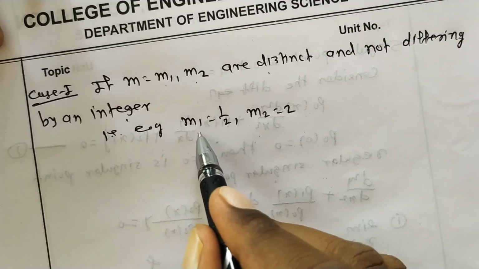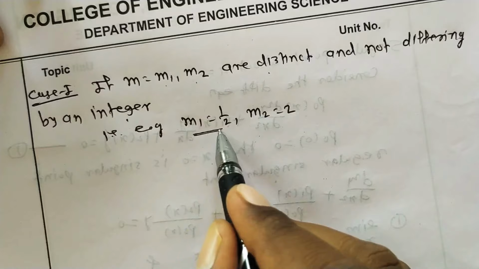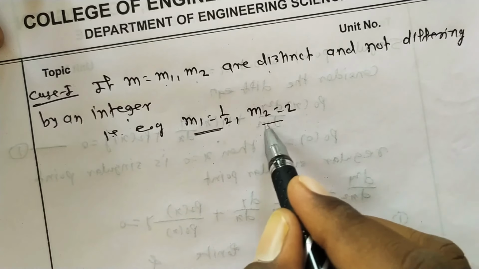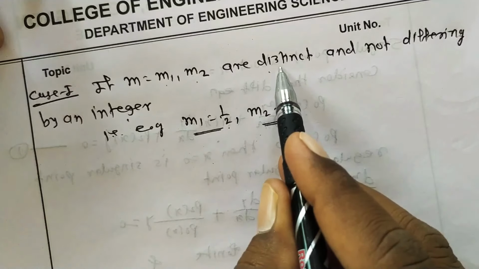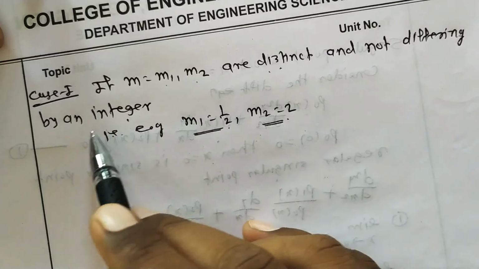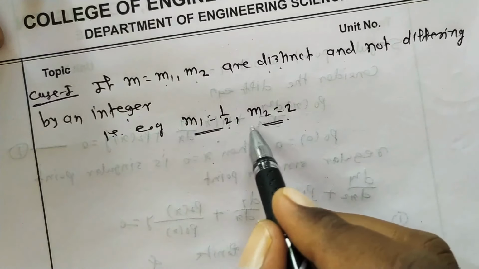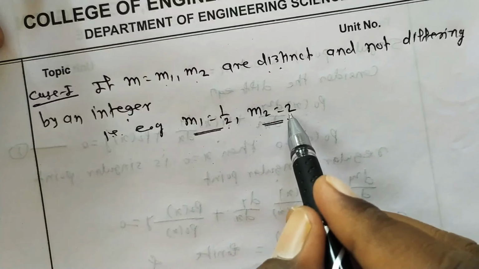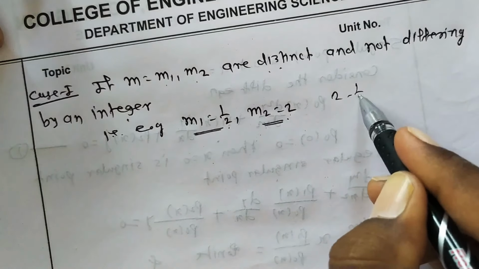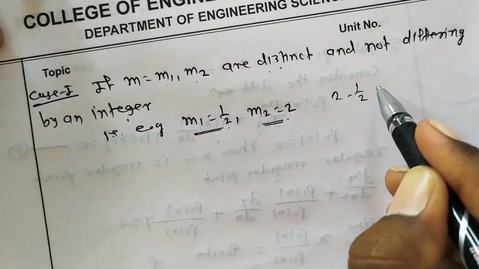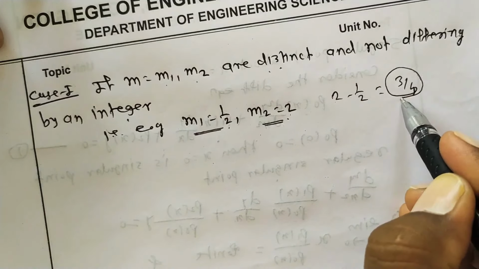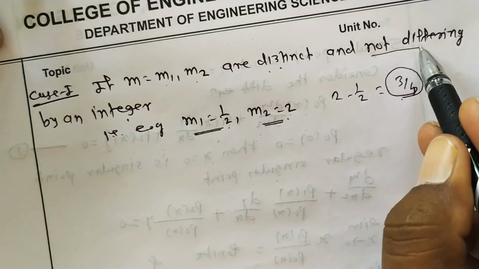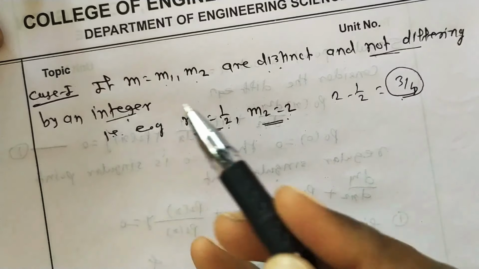For example, if we get m1 equal to 1 by 2 and m2 equal to 2, then m1 and m2 are distinct and not differing by an integer. Differing by an integer means the subtraction of these two. For example, here 2 minus 1 by 2 is 4 minus 1 by 2, that is 3 by 2. So it is a fraction, not an integer, means not differing by an integer.